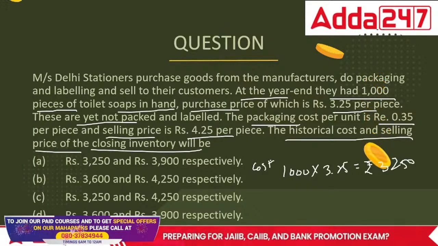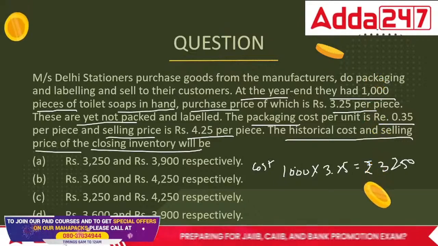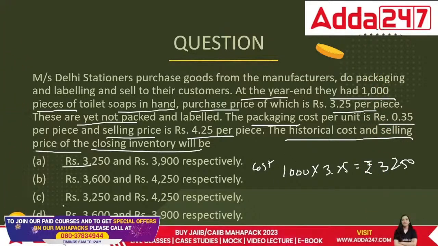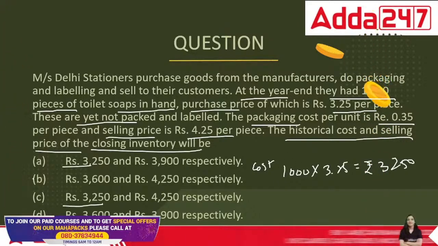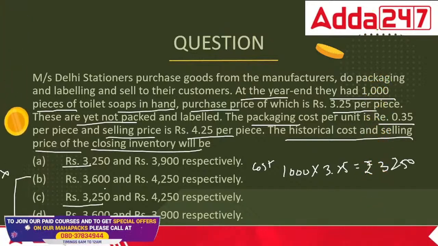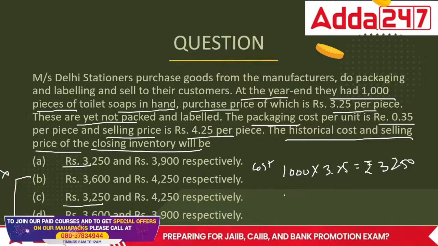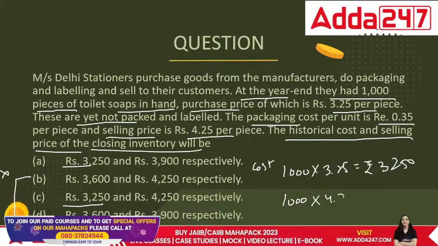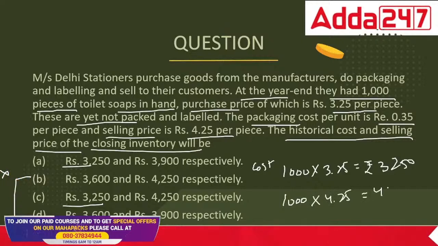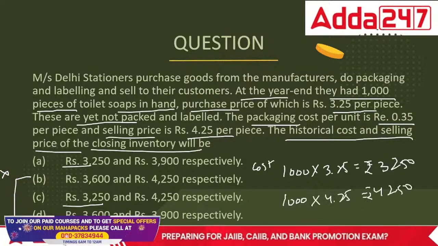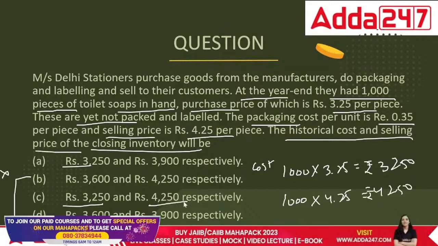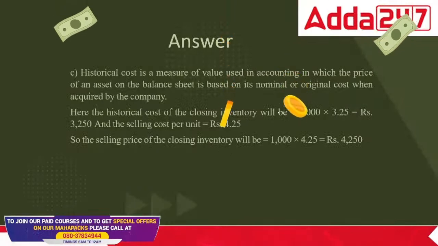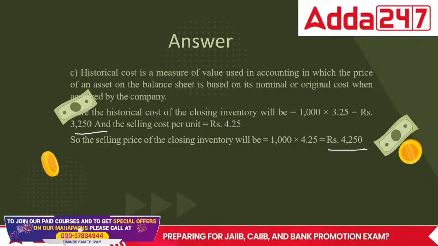So one thing is sorted: the answer should be 3,250. The remaining two options are eliminated. Then for the selling price, 1,000 multiplied by 4.25 gives 4,250, because they are asking about the total selling price. So the correct answer would be 3,250 and 4,250.